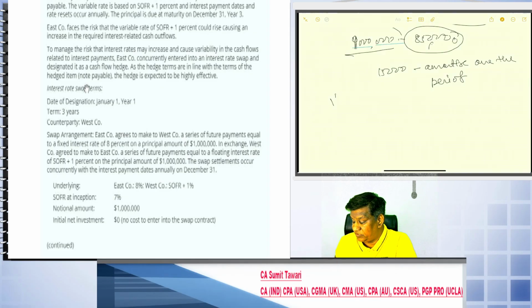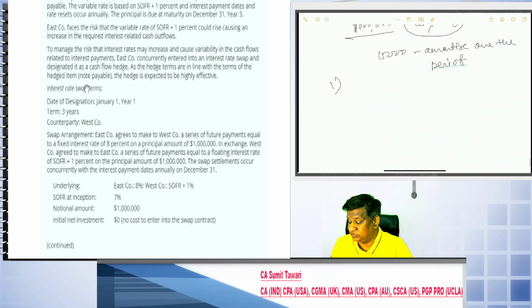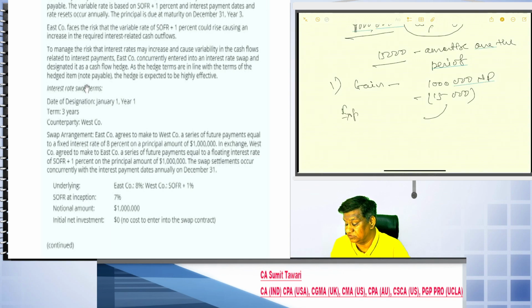In the first year, when this gain arises, you recognize it as a gain, and the corresponding effect goes to the 100,000 note payable less 15,000 gain. Then this 15,000 over the period of the note payable we need to amortize, meaning we expense it out on a year-to-year basis.